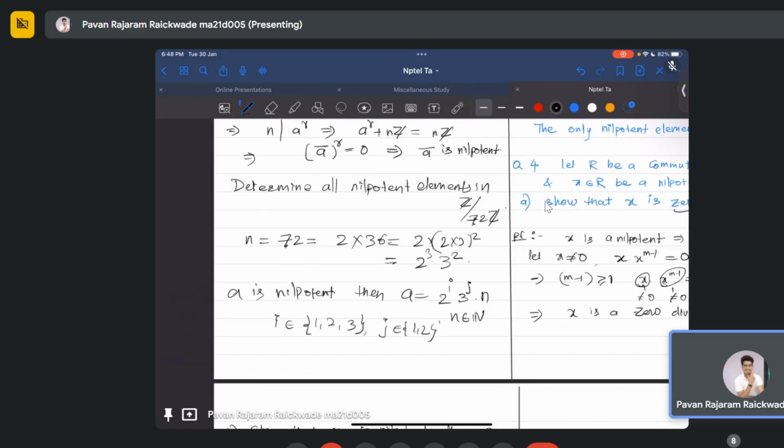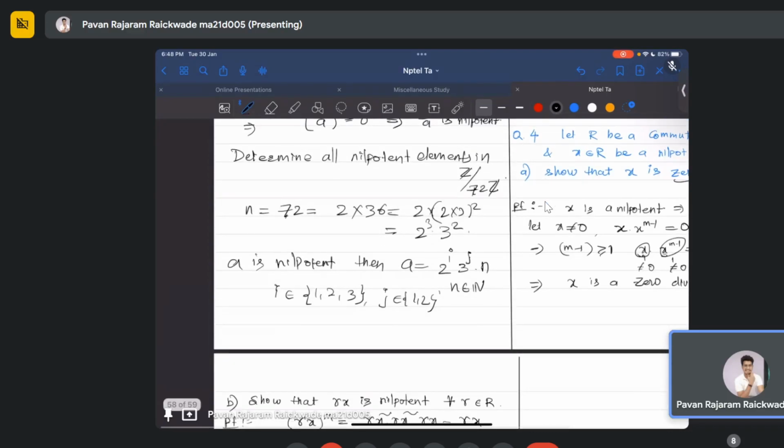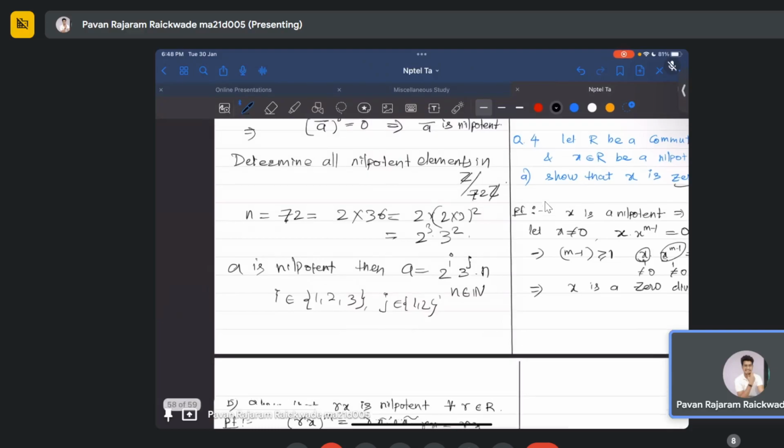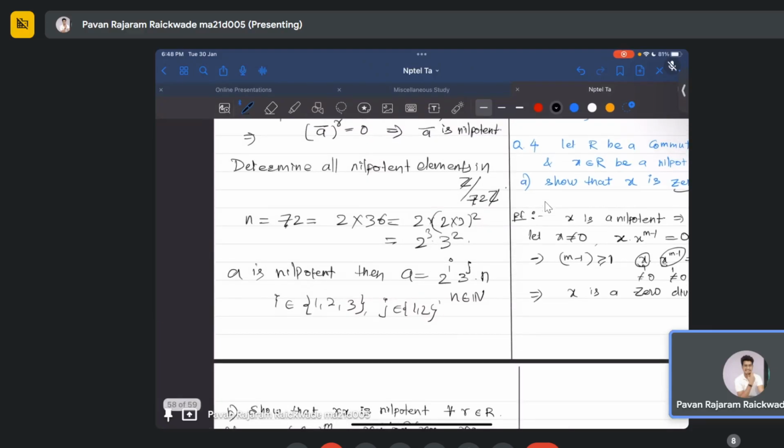They both cannot be 0 because each prime divisor of n should divide a. That's all. These are all the nilpotent elements. I mean, you take all multiples of 6, from 1 to 72 actually, all are there, and you can find all the nilpotent elements using this technique in Z upon nZ.